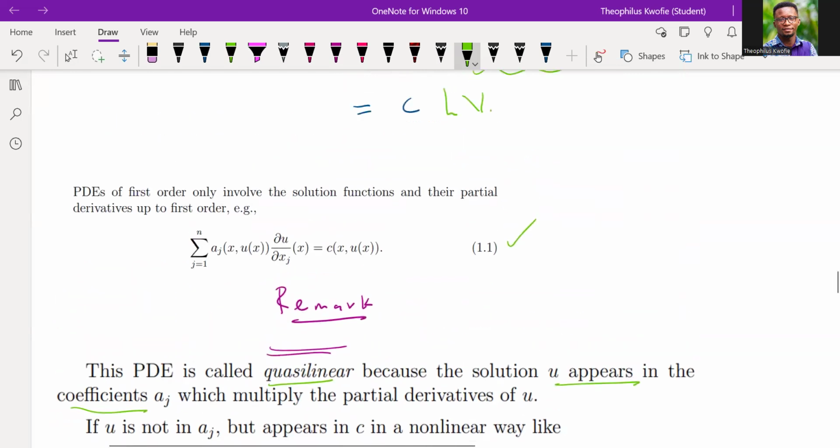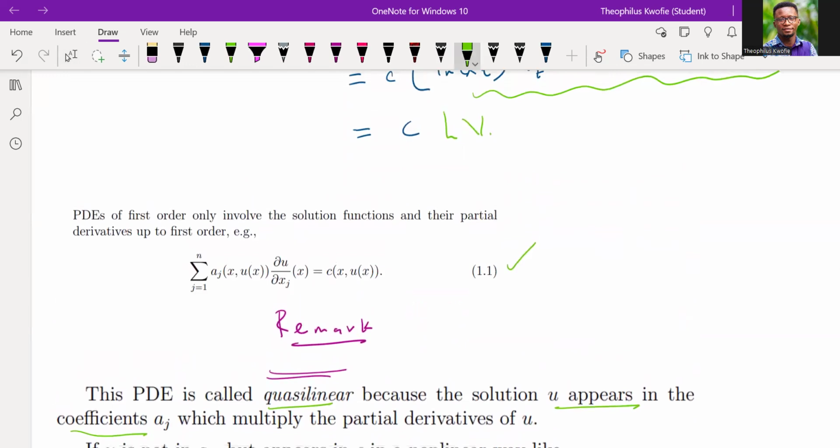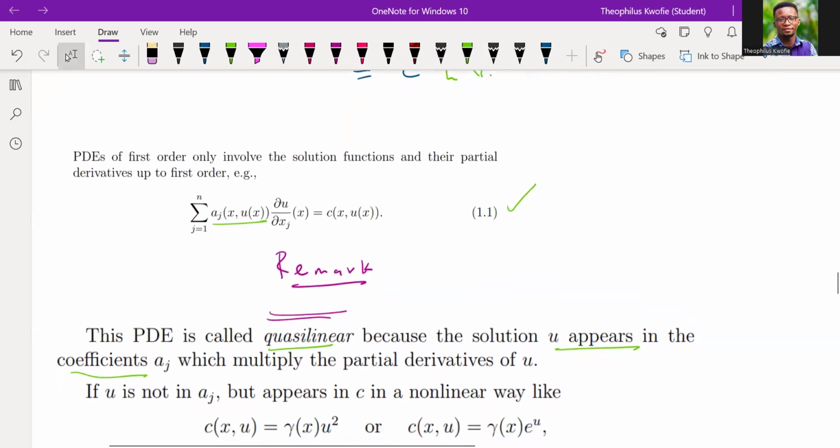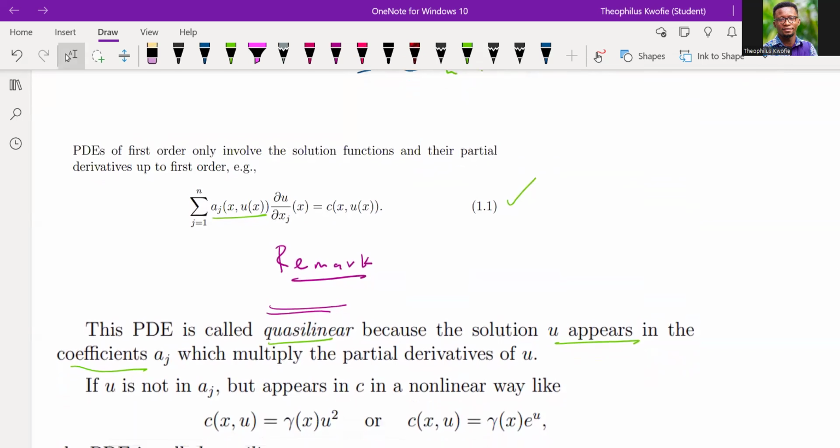Over here, remember AJ is a function, and we saw that the solution U appears in that particular function AJ. And that same function is multiplying the partial derivative. That's what we said. This is a quasi-linear PDE. Okay, very good.